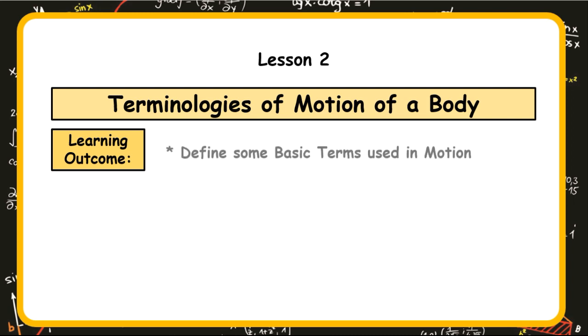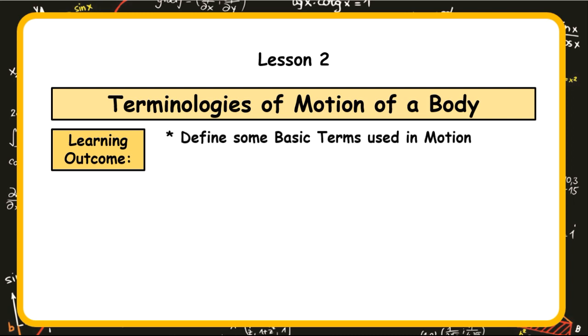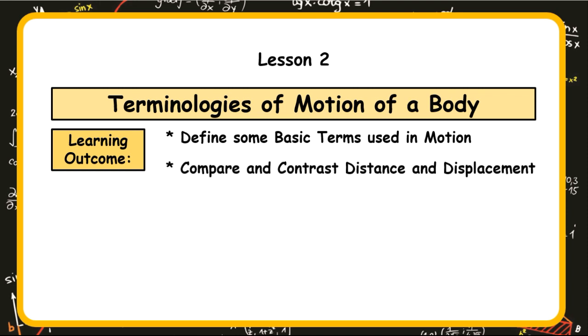The learning outcome is, by the end of this lesson, all learners and scholars will be able to define some basic terms as used in motion of a body. We'll also learn the comparison and contrast between distance and displacement as parameters of motion.